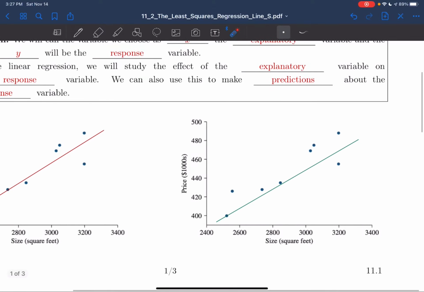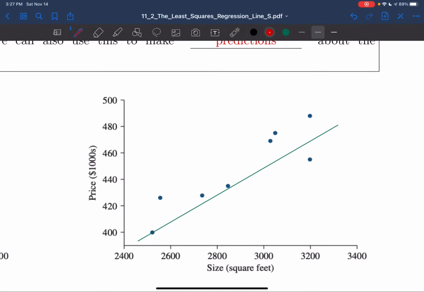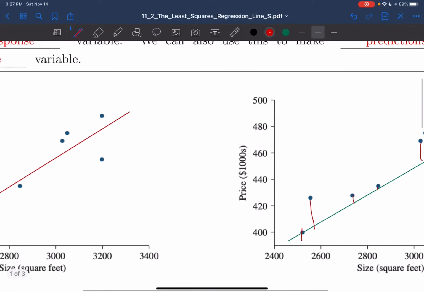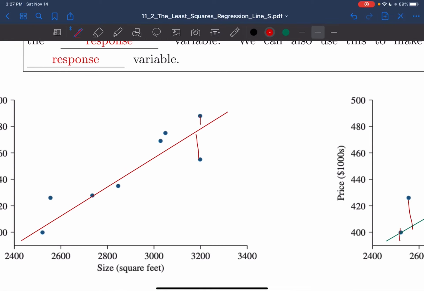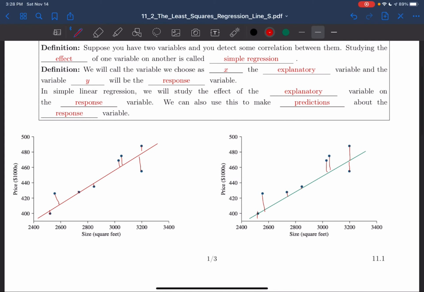And how do I know that? If I take the distance between each data point and that line, I'm going to have a lot more error than if I did it here. So the question forms: what is the best line to fit a data set?